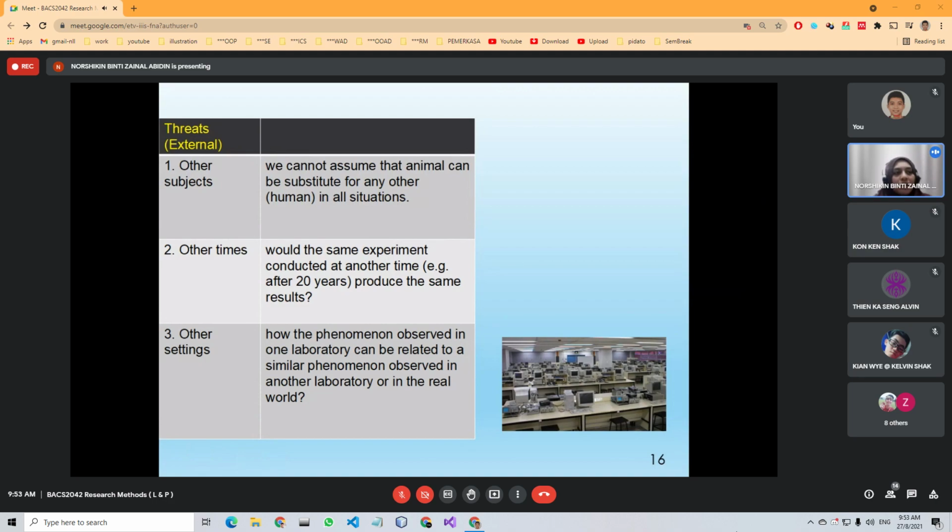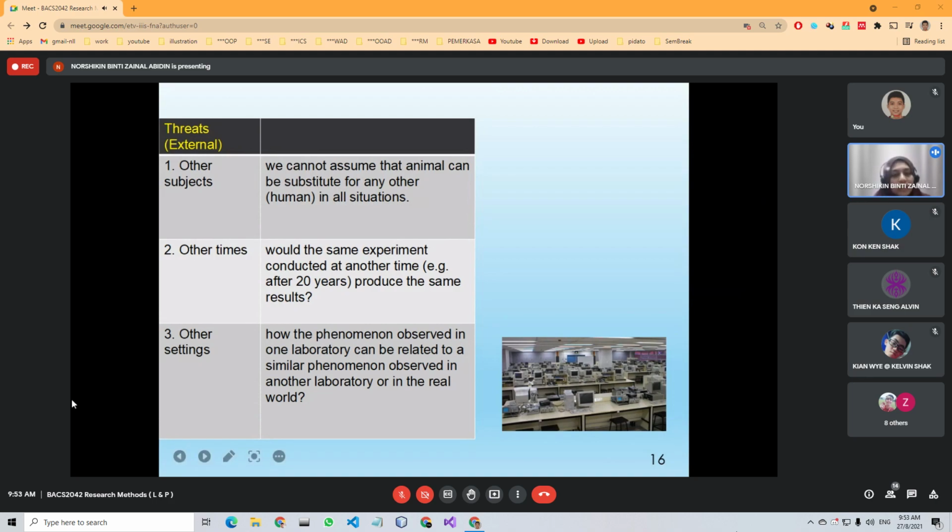But actually there is research, because humans tend to do something that is new. This one is not related to RM actually, but I want to share something with you regarding this other subject. We cannot assume that animals can be substituted for humans in all situations. However, there is still research conducted. For example, they send monkeys to space to replace humans.